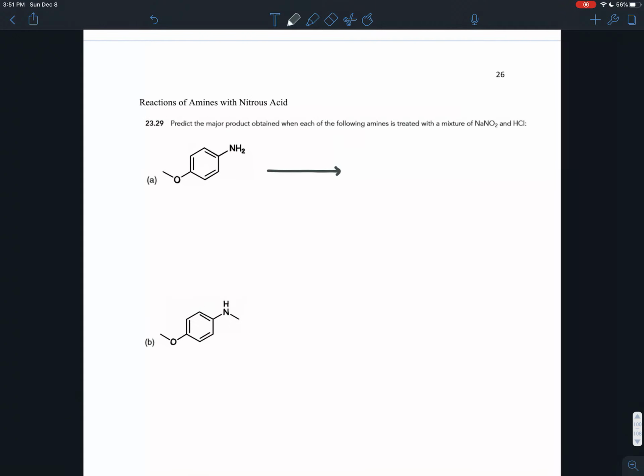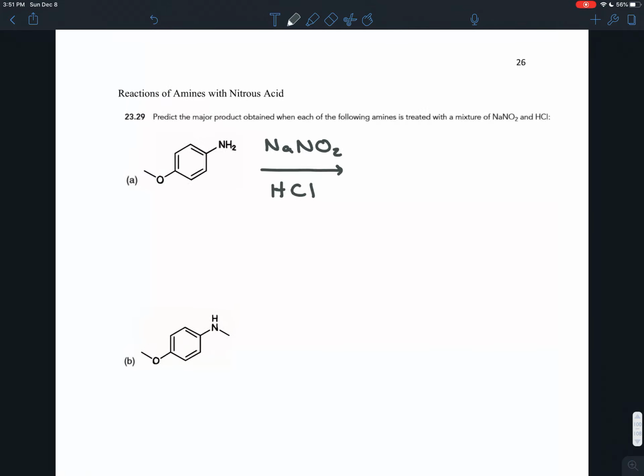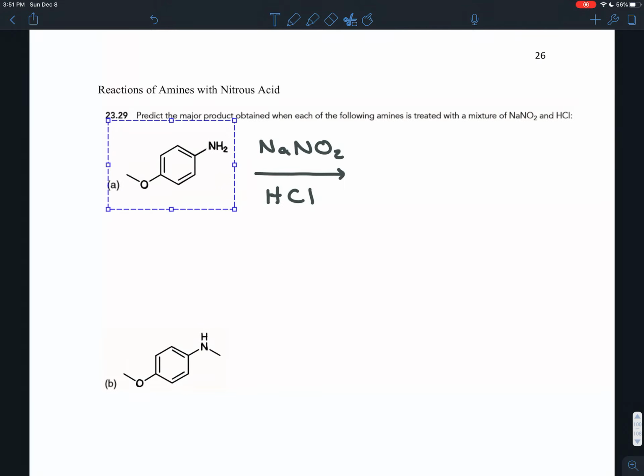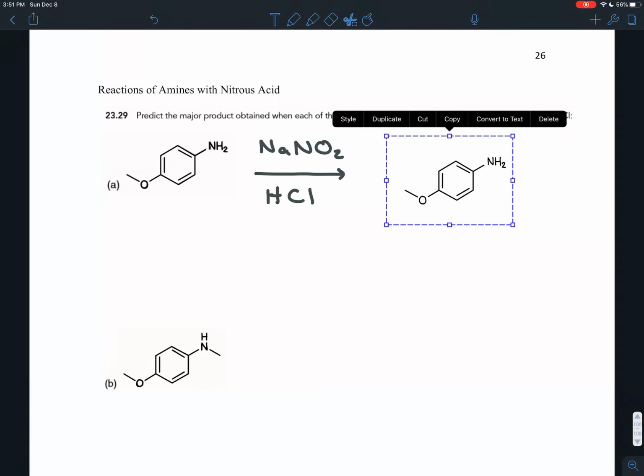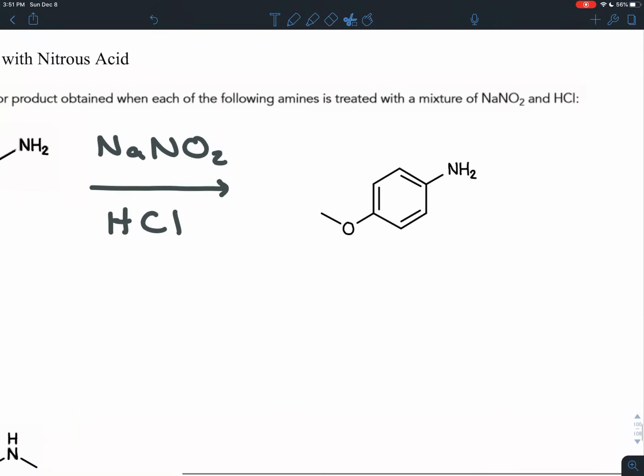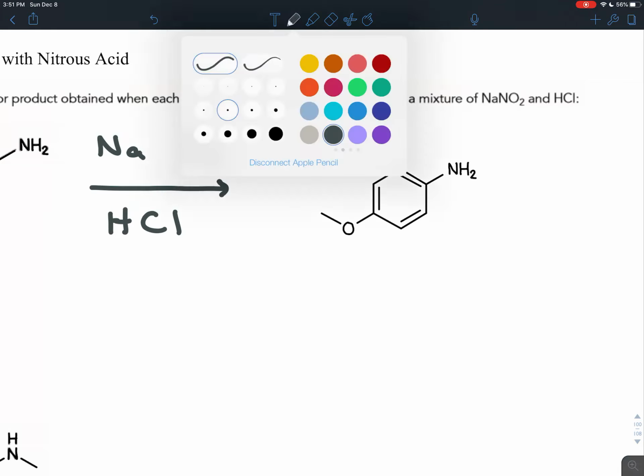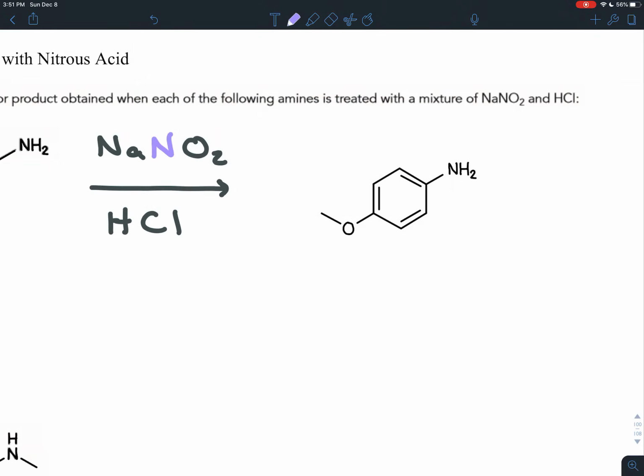Okay, so I'm going to draw these reagents in. We have sodium nitrite and HCl. So what would we get? Well, we'd take this molecule, and here, I'll put this in separate colors so we can see that adding.